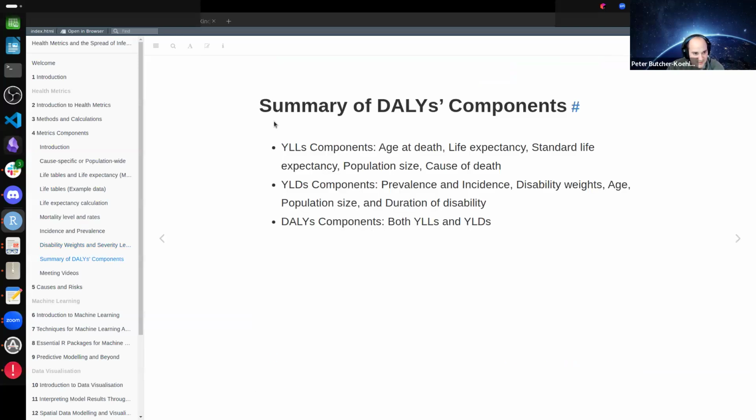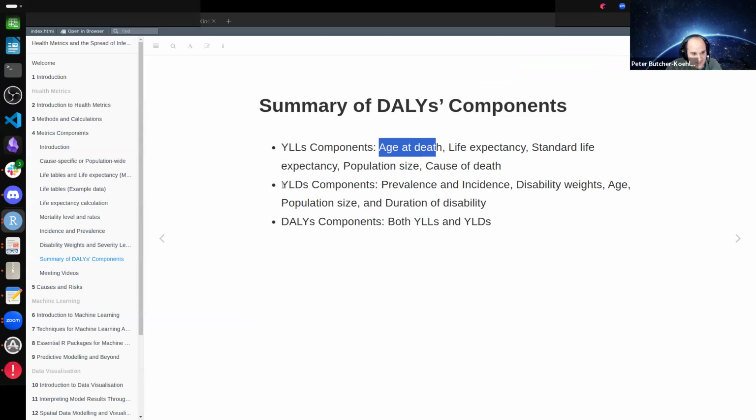Finally, we have a summary of the DALY components. So we have YLLs, which are years of life lost. So obviously we have age at death, life expectancy, standard life expectancy, and population size and cause of death as contributors for that component.